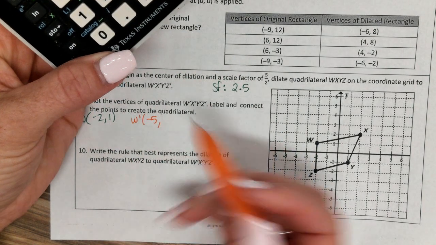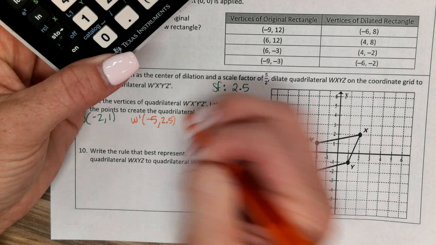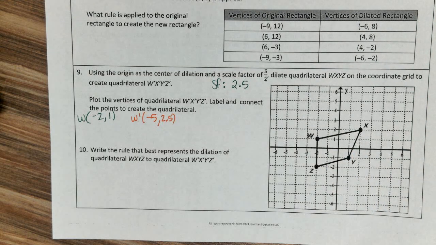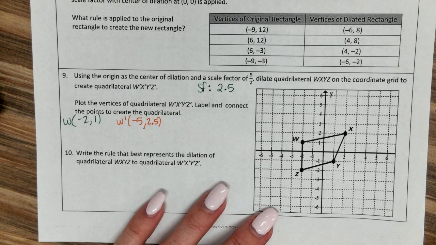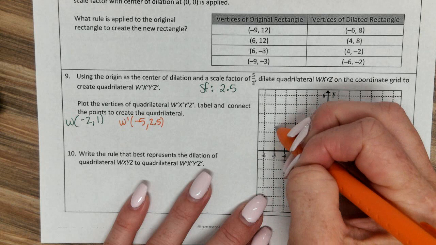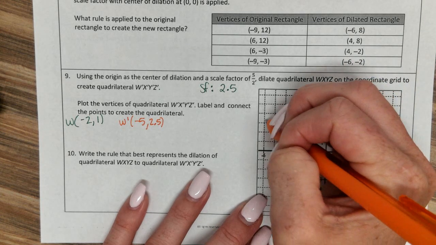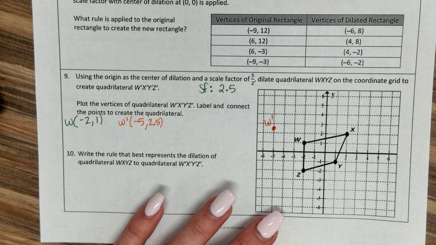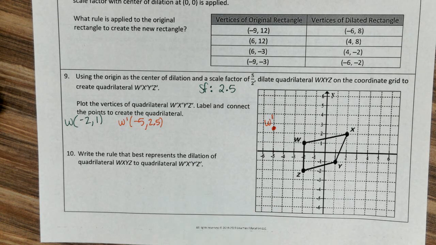What is 1 times 2.5? It's 2.5. Don't take up too much space because you have to do 4 of these. Now I just go graph it. -5, positive 2.5. Here is my new W. Does that make sense? Okay, so you're going to do that with X, Y, X, Y, and Z.